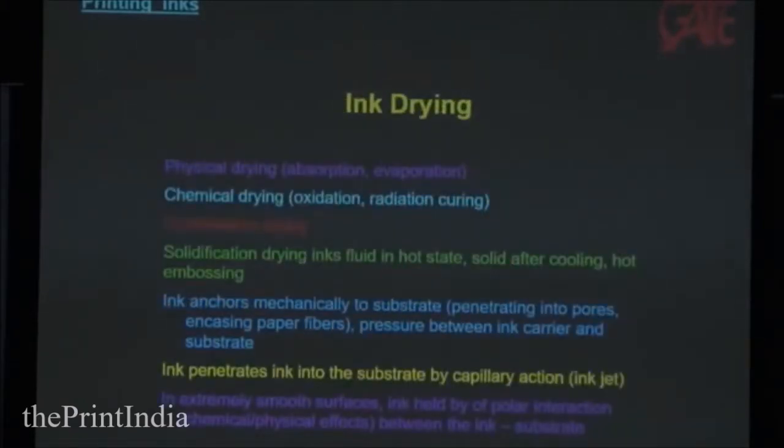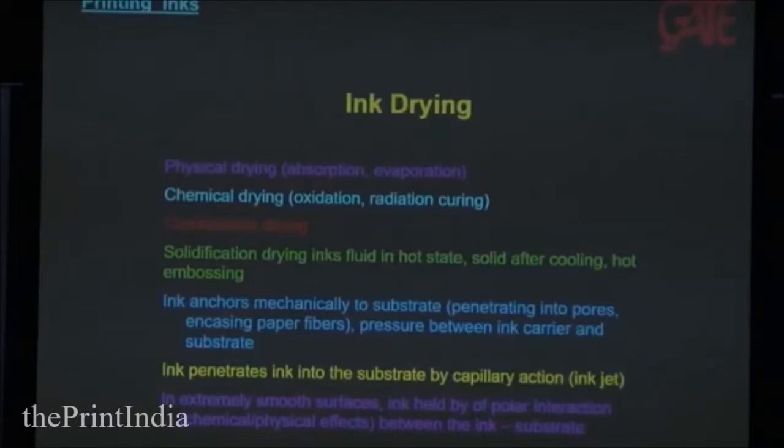Ink drying. There are different ways the ink dries depending on the process, depending on the machine you have and so on. So there is a physical drying, which is absorption of the ink, evaporation of the ink, evaporation of the solvent. Chemical drying, it's oxidation or radiation curing, infrared, UV, electron beam.